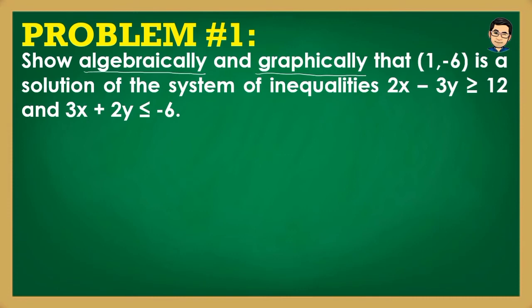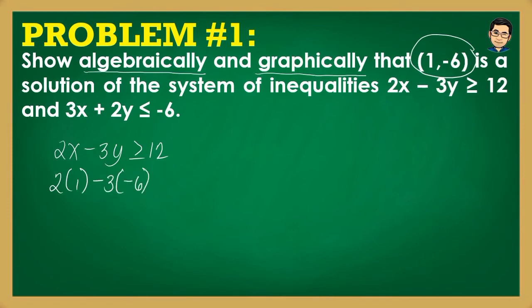So, unahin natin yung 2x minus 3y is greater than or equal to 12. So, ang gagawin lang po natin, itong (1, -6) na ito, isa-substitute natin sa dalawang inequalities. So, magiging 2 times 1 minus 3 times -6 is greater than or equal to 12.